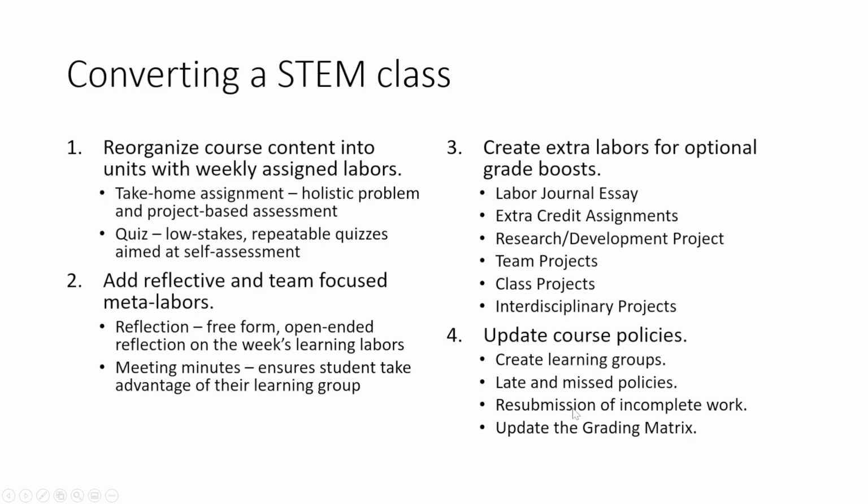This one wasn't really clear before, but I think I will say a little bit more about this. Part of the philosophy, I think, behind the labor-based grading is really trying to encourage the students to learn the material no matter what, and no matter how it occurs to them. And I think part of that philosophy is allowing them to fail effectively and try again.